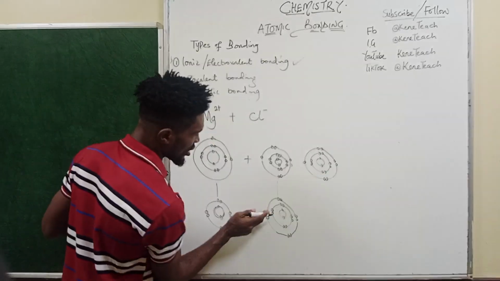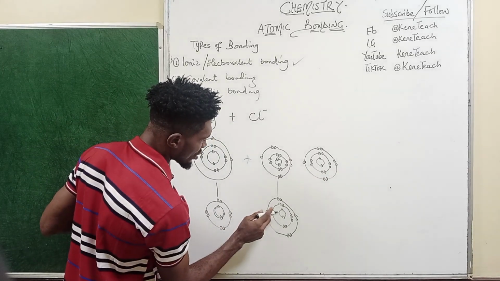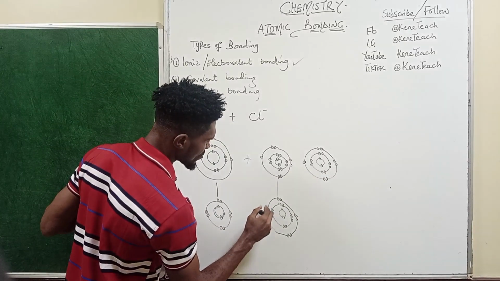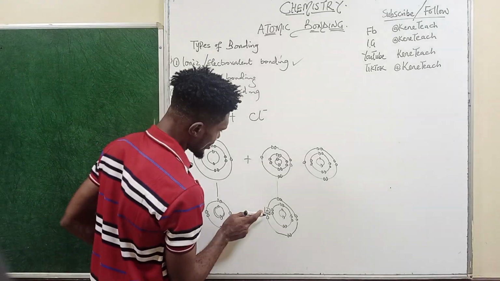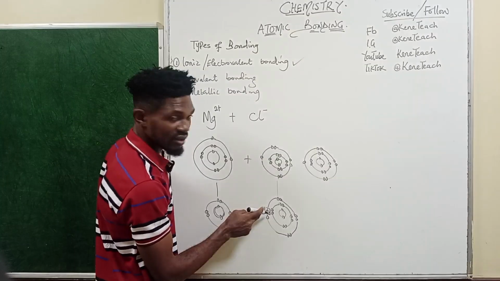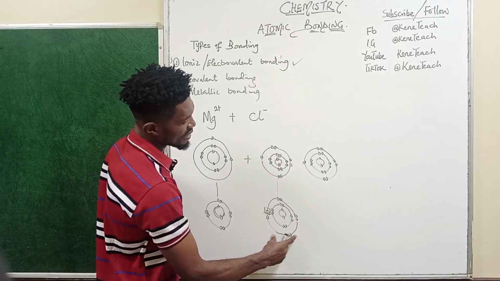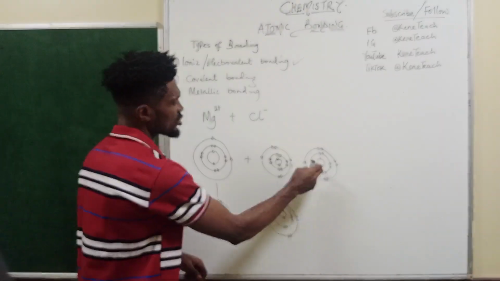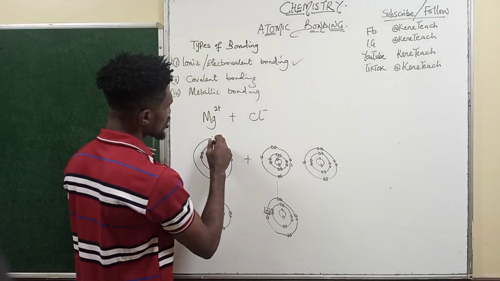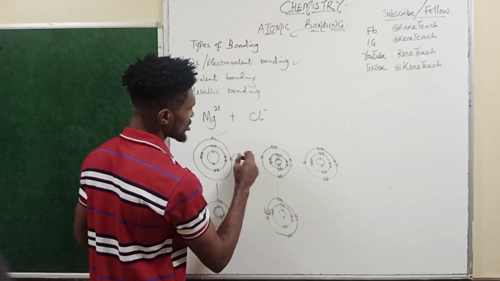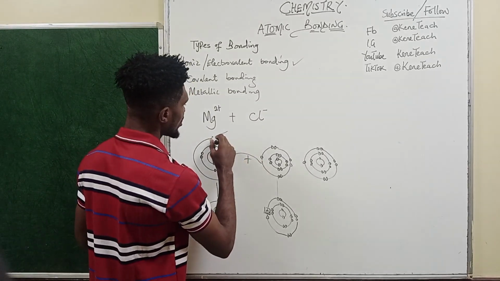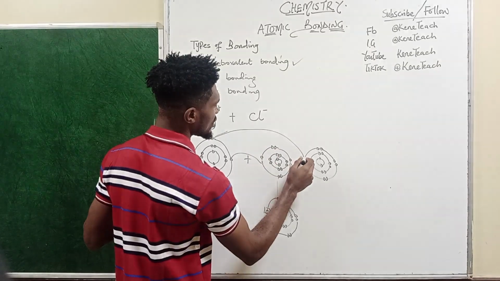So you remember this one here, this is the one accepting, so it has attained this octet configuration. This one too also accepts this one too. Let's say this one is for this, and this one is for this.